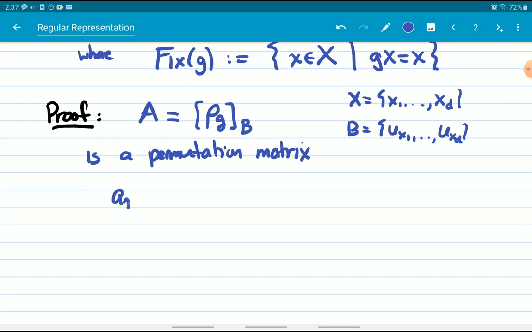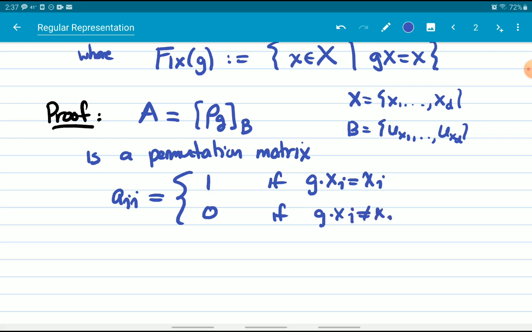Furthermore, what are the diagonal entries? Well, the diagonal entry Aii, it's either 1 or 0. It's 1 if gxi is xi, and it's 0 if gxi is not xi. And so, of course, that gives you the formula for the trace of A. It's exactly the number of xi that are fixed by g. So that's a convenient source of representations whose character you can compute easily.